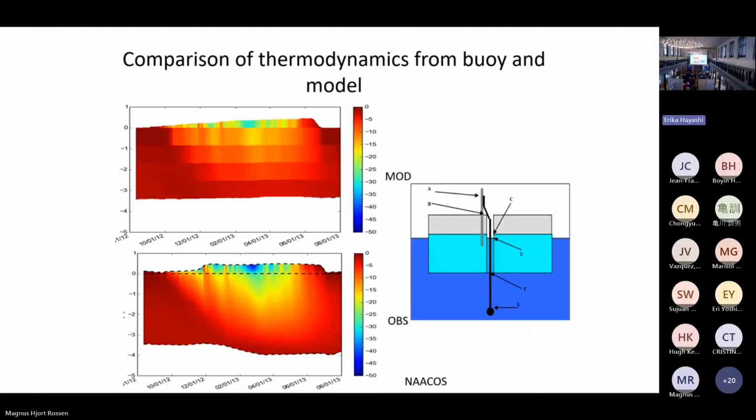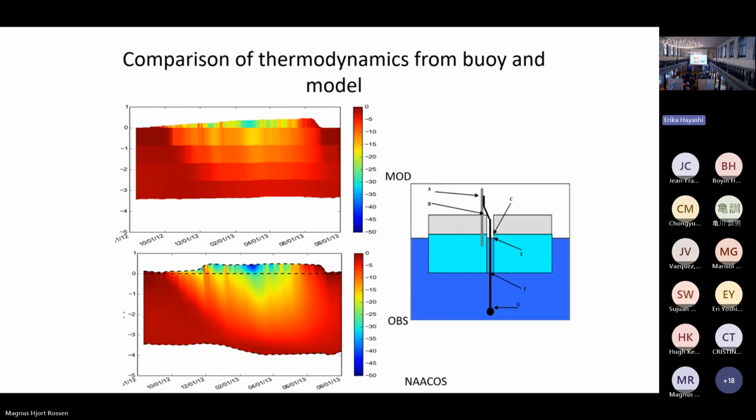And if we look at a seasonal change, then the top one, that's the model, and it's very distinct that it has a slowly increasing snow, first of all, where the buoy experiences a more rapidly changing snow cover.